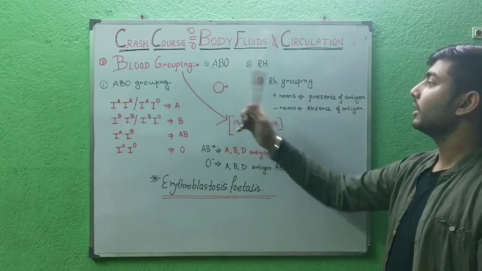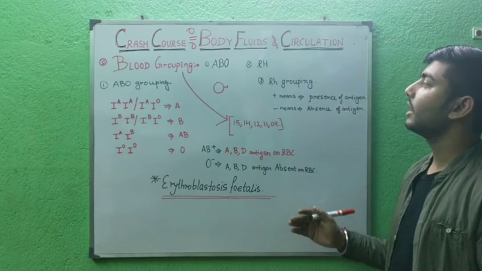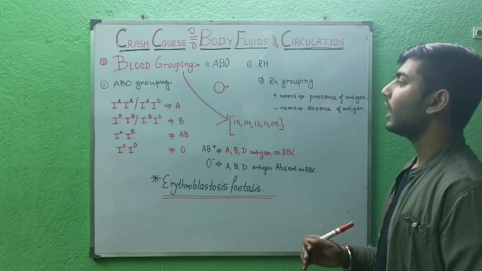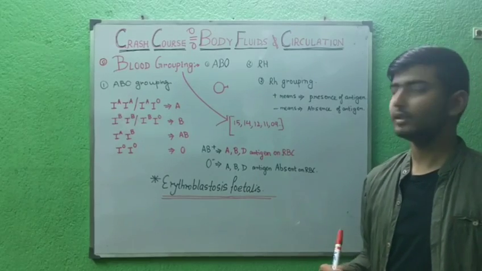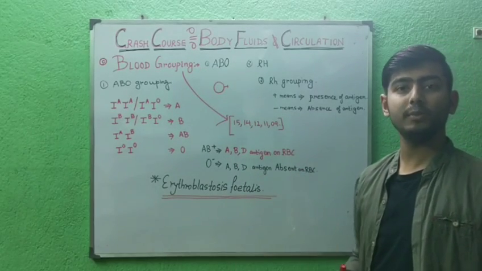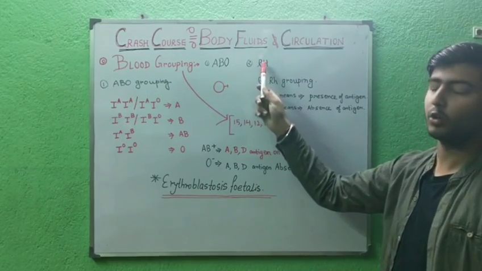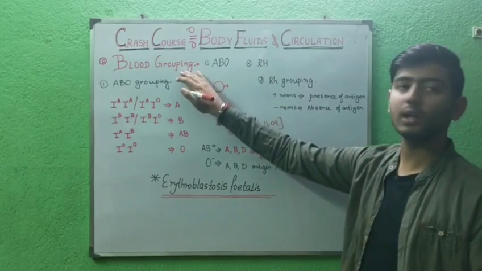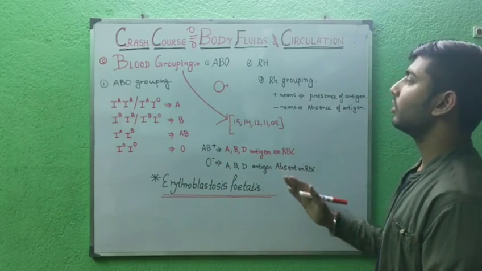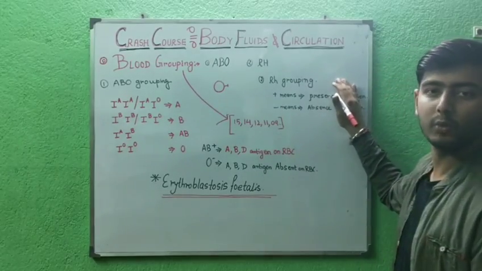In blood grouping, we have to divide blood into different categories according to the presence of antigens. Now, I hope you all know about antigens. There are two major blood grouping systems, that is ABO blood grouping system and RH blood grouping system. Blood grouping system was actually discovered by Landsteiner. First of all, we will discuss about ABO blood grouping system and then RH blood grouping system.